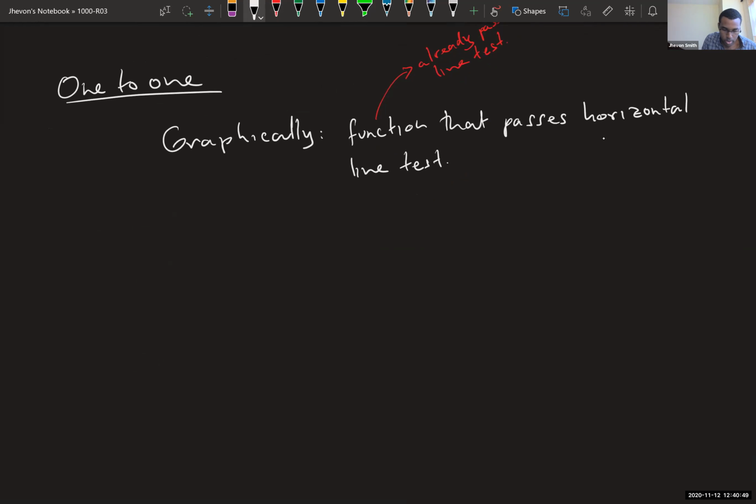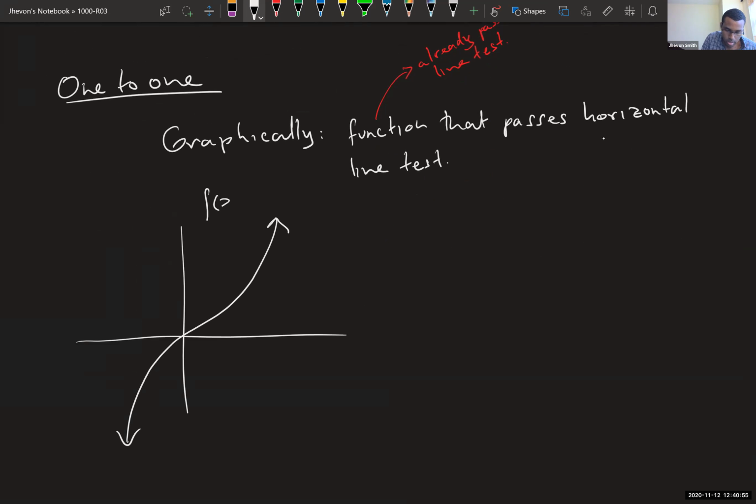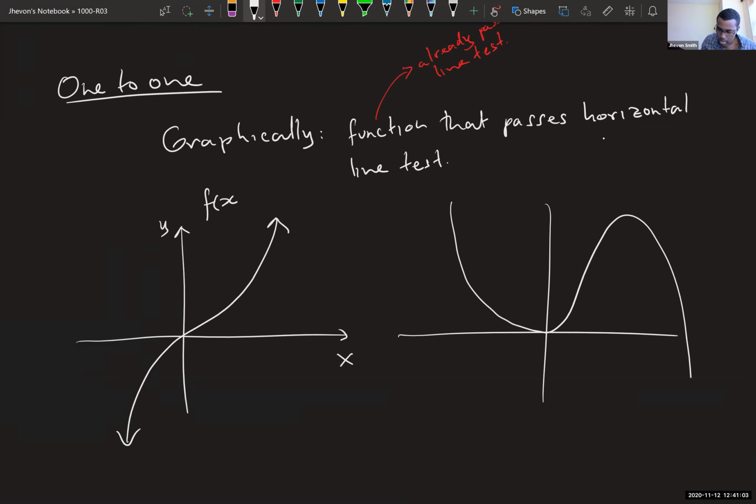If I were to give you examples of two functions, something like that, versus something like this, then here, notice that no matter where I draw a horizontal line, it'll touch the function at most one place.